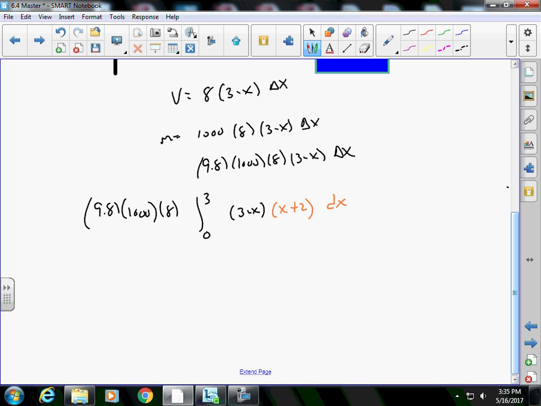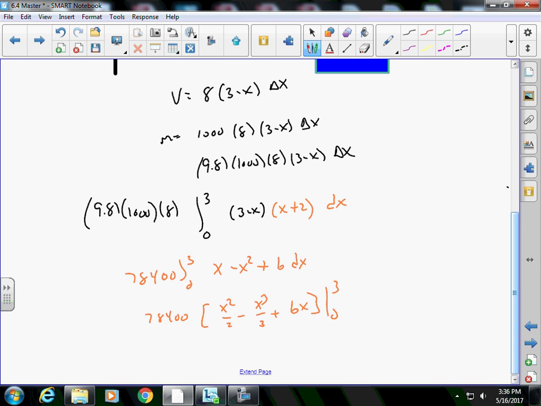So working this out, I end up with 78400 from 0 to 3, expanding on the right, x minus x squared plus 6 dx. So I integrate x squared over 2 minus x cubed over 3 plus 6x.